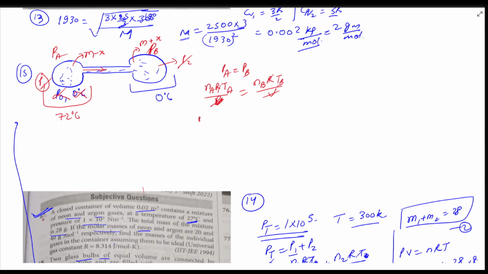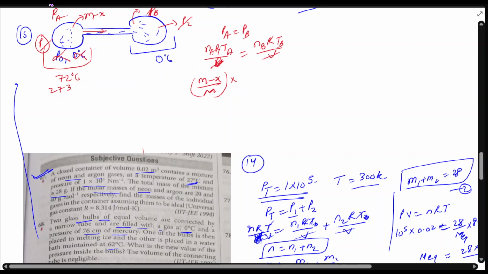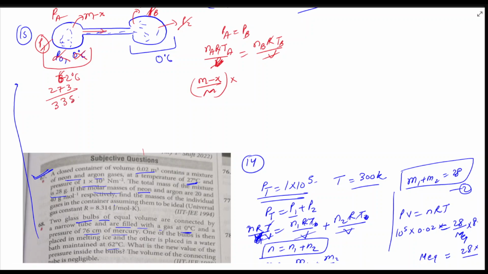So NA will be m minus x upon capital M. The gas was the same, into the temperature at A, which is 62 degrees Celsius, I think it was 62, right? So we will have 335 Kelvin, will be equal to NB. NB will be m plus x by M. Molar mass will be the same. Temperature will be 0 degrees Celsius, so it will be 273. So M will get cancelled.